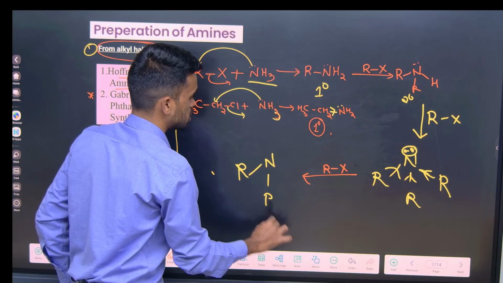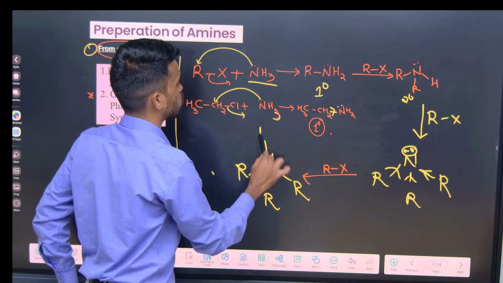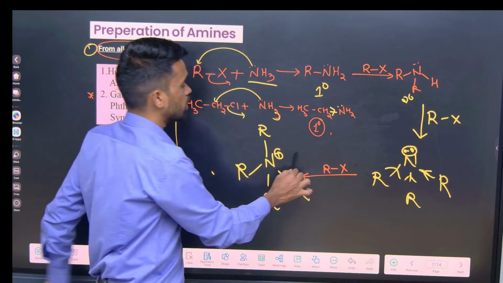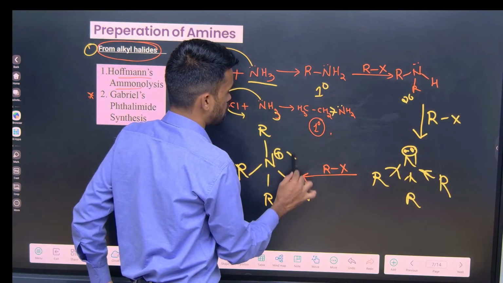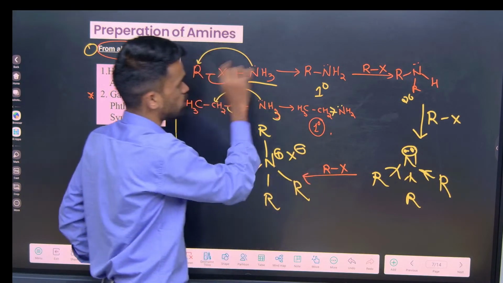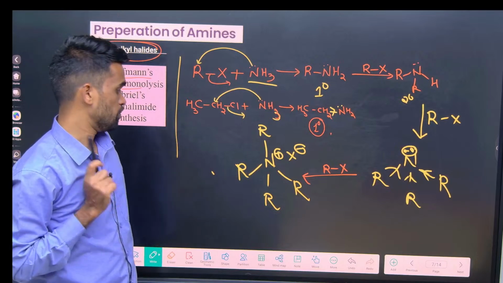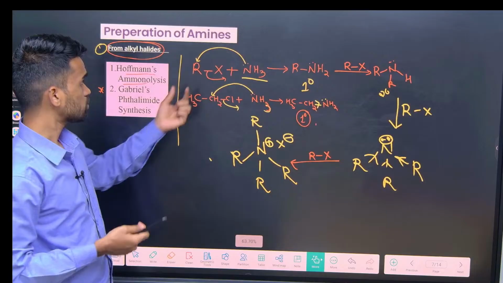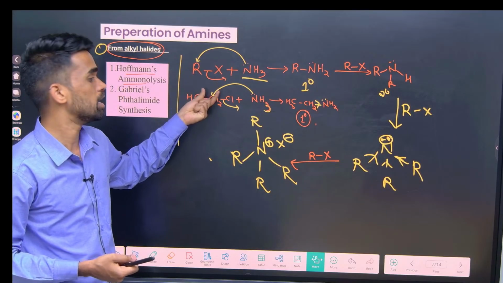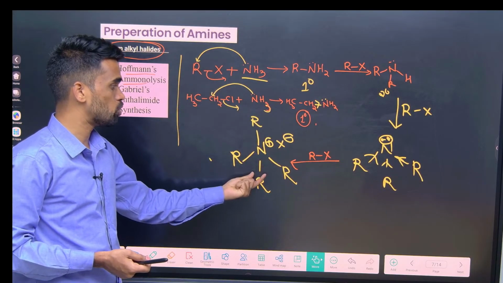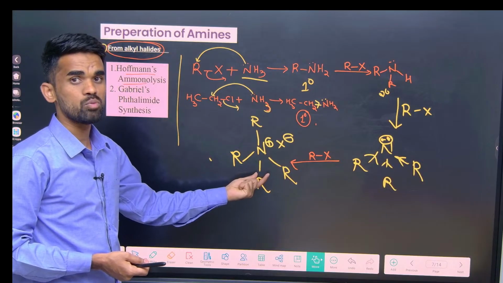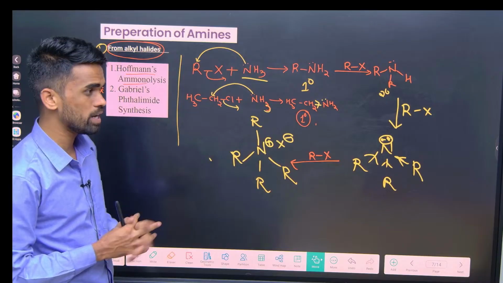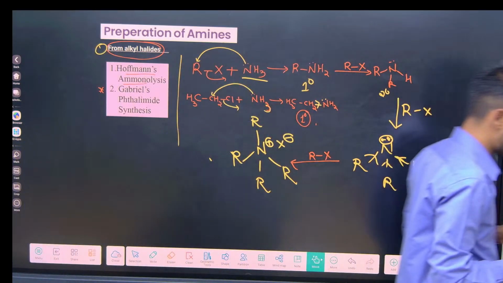The reaction stops once after forming this quaternary salt because there is no other reactive site on the nitrogen. So once again, if you take excess quantity of alkyl halide, quaternary ammonium salts are formed as the final product in the reaction. Remember this. Let's move forward.